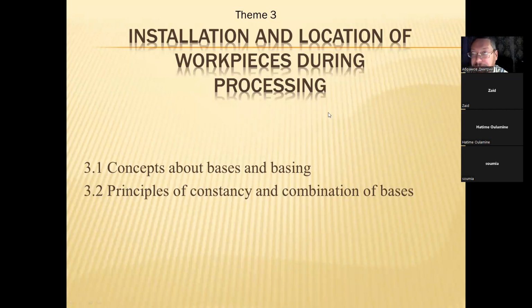Okay, let's continue. The first item of our lecture is concepts about basis and basing. Please write down this plan of our lecture in your notes.